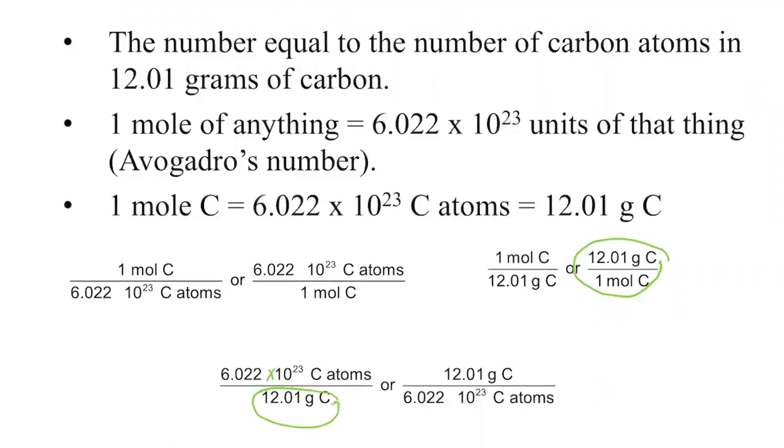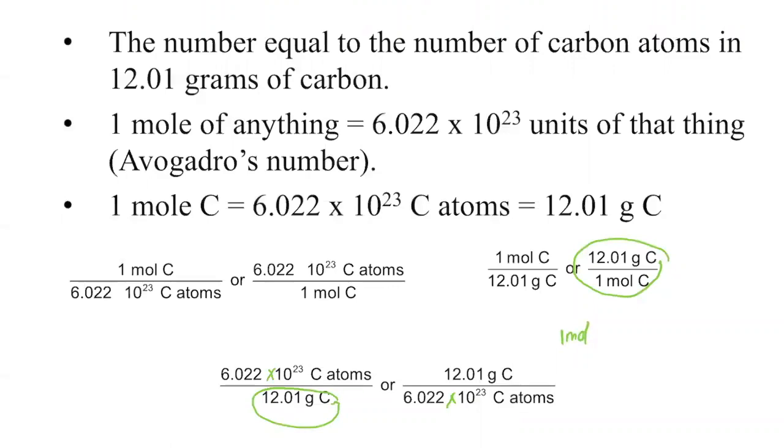I know it may sound a little bit confusing, but with practice, you're going to realize the key is to understand that a conversion factor is a definition. It is true that in 1 mole of carbon, you have 12 grams. It is true that in 6.022 times 10 to the 23 carbon atoms, you have that many grams.